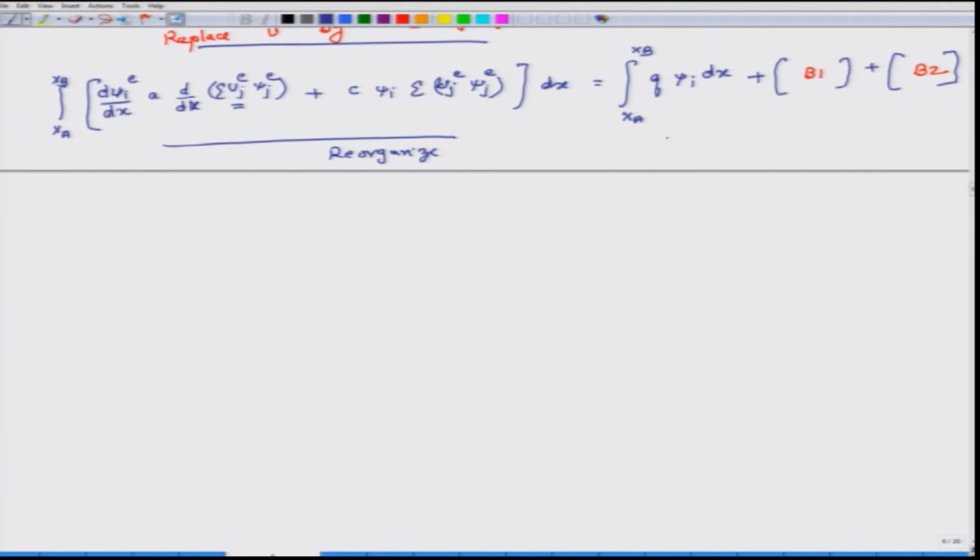What I will do is bring this summation sign outside the integral. So, I integrate from x a to x b, d psi I e over dx times a times d psi j over dx e, plus c psi I psi j.